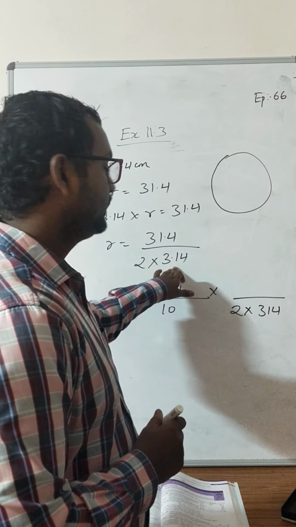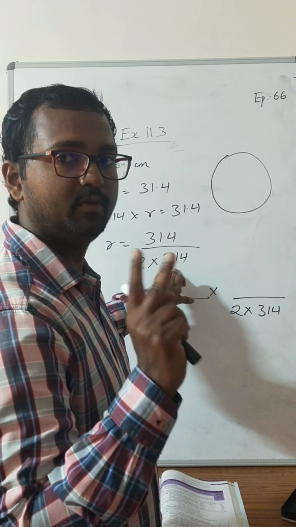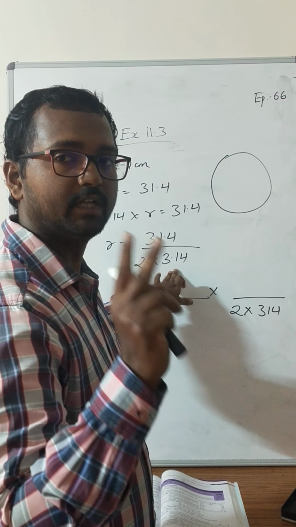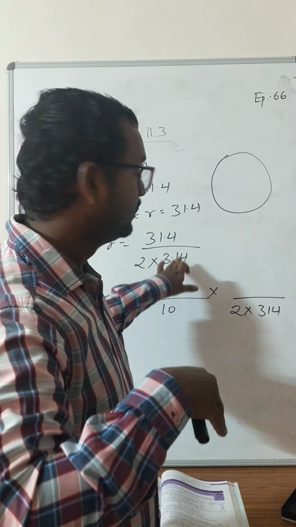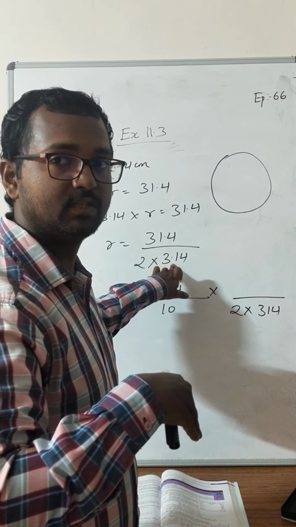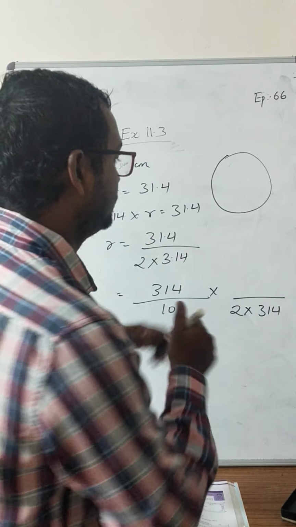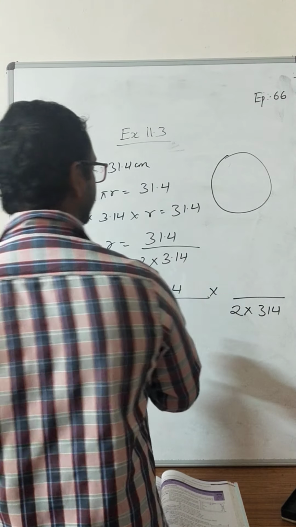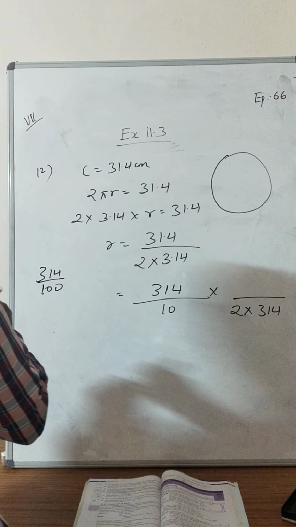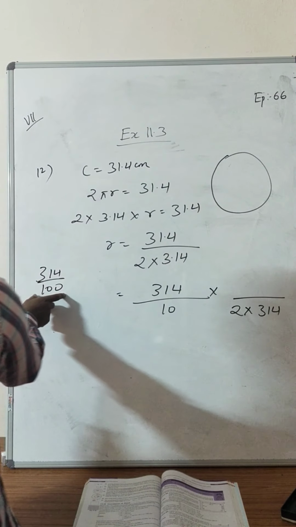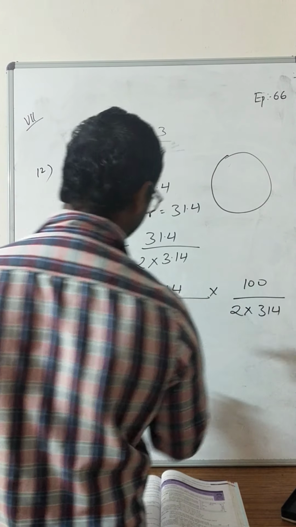Here also after the decimal, how many digits are there? 2 digits, so we will get 2 zeros. But because the number is in the denominator, these zeros will not go in the denominator, they will go to the numerator. So 3.14 can be written as 314 by 100, but since it is already in the denominator, this 100 will go to the numerator.